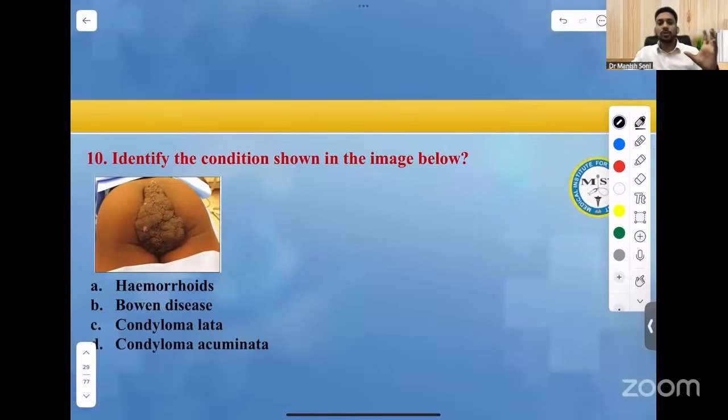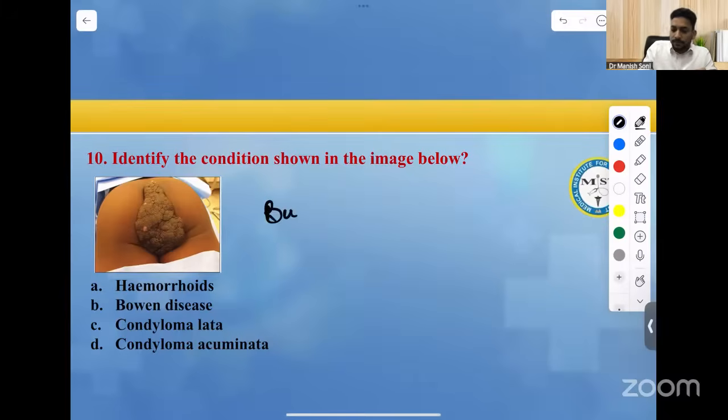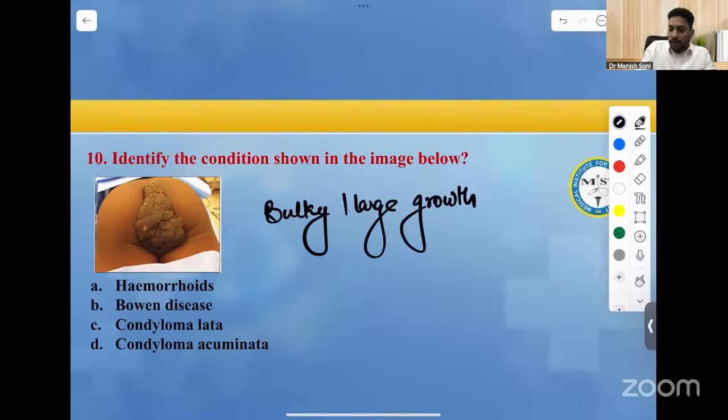A large growth over the anal area. Identify the condition as shown in the image. What you can see in the image is a bulky, very large growth. If you see the surface of this growth, it is rough.